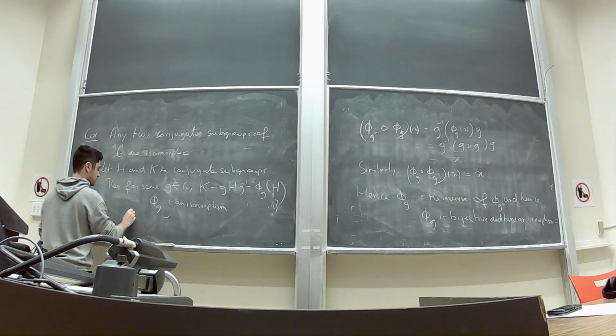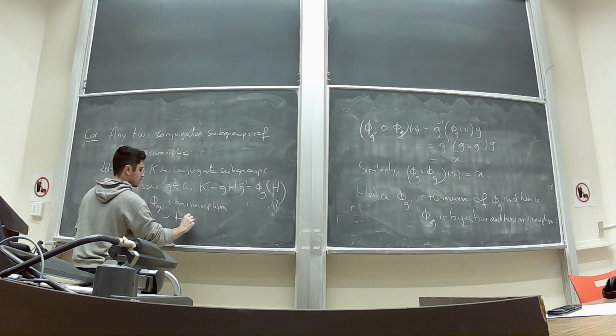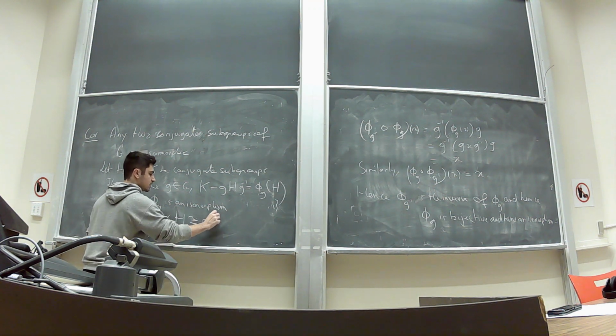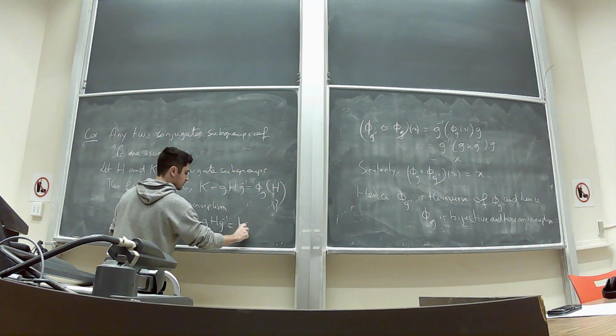So H is isomorphic to g H g inverse. Okay.